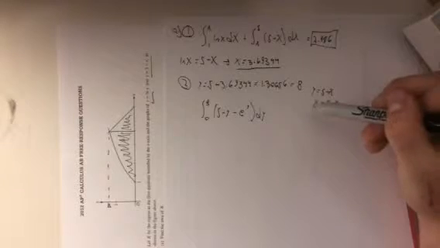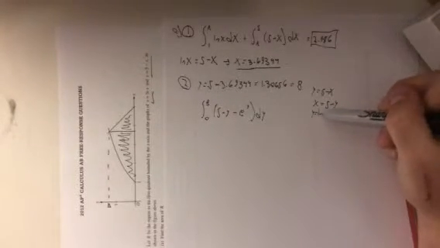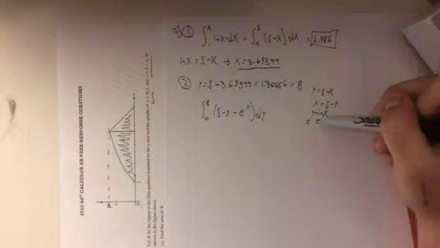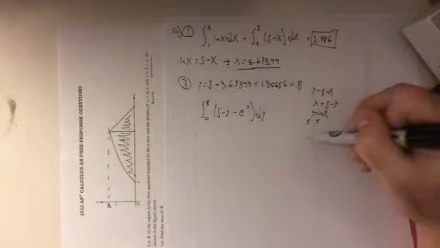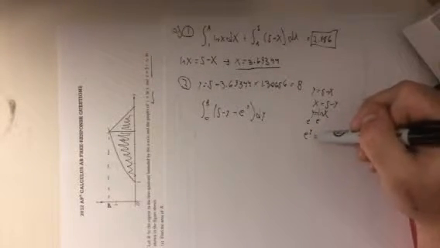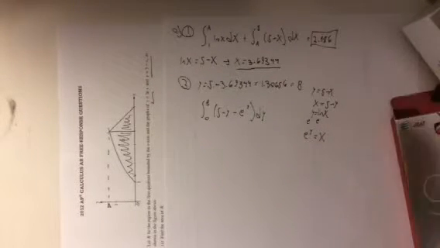And then our natural log of x equation, y equals natural log of x. We're just applying e to both sides, so then e to the y is equal to x.